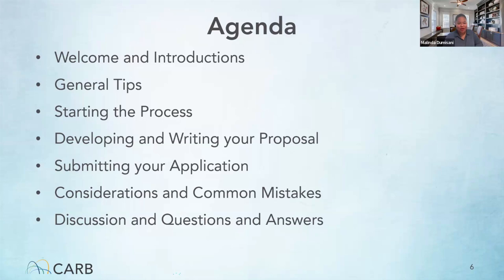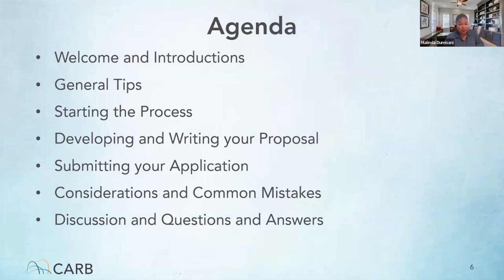So welcome everyone to our Community Air Grants Workshop. I'm Melinda Dumasani, Community Air Grants Manager, and very pleased to see everyone here today. This is our second of 3 workshops we're doing to support interested applicants in developing good projects and great proposals.